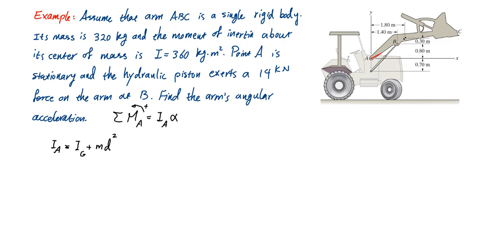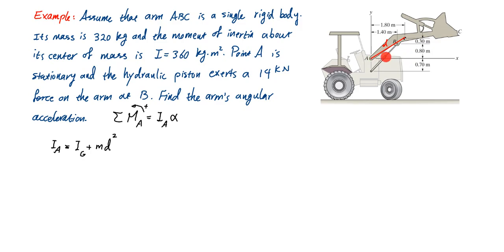So I'm looking for this distance from A to the center of gravity. This is my d value. How can I find that? Well, look at this right triangle. This line is the hypotenuse of this right triangle. I'm looking for this. I know this distance is 0.8 plus 0.3, which is 1.1.